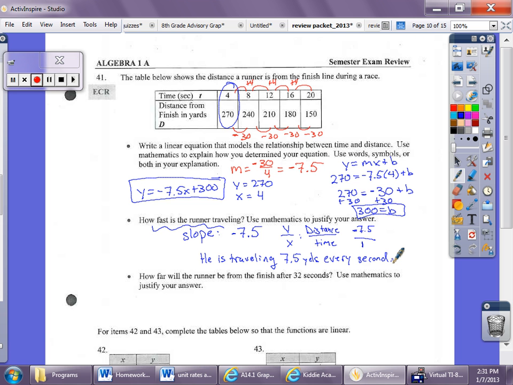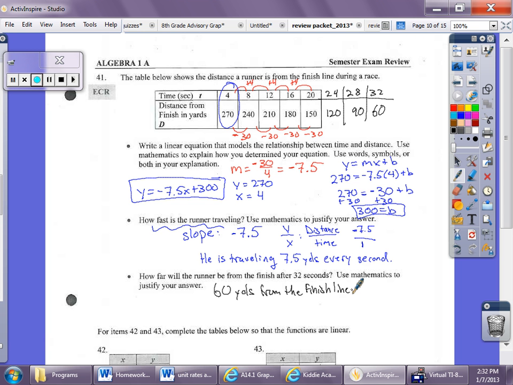And how far will the runner be from the finish line after 32 seconds? Well, we can do one of two things. We can just extend our table, and we can do 24, 28, 32. And then we keep going down by 30. So he's going to be 60 yards from the finish line. Or we can plug 32 in for our time.